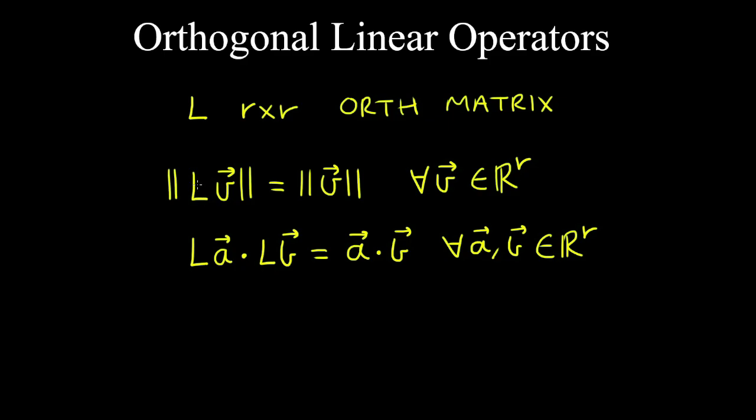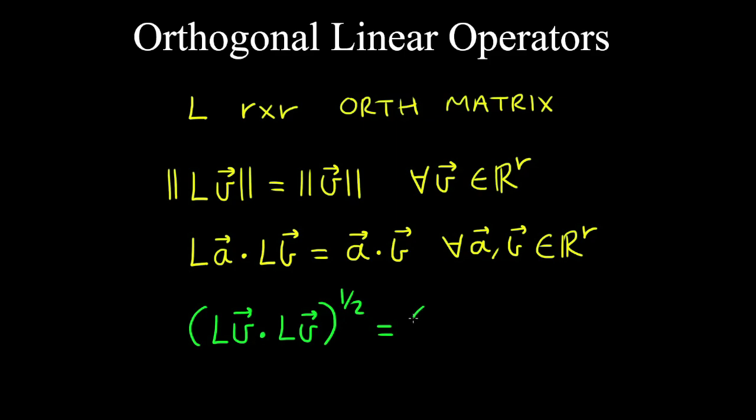So the first property can be seen if we write the norm as a dot product of the resulting vector and itself to the 1/2. So that gives the square root of the squared norm.